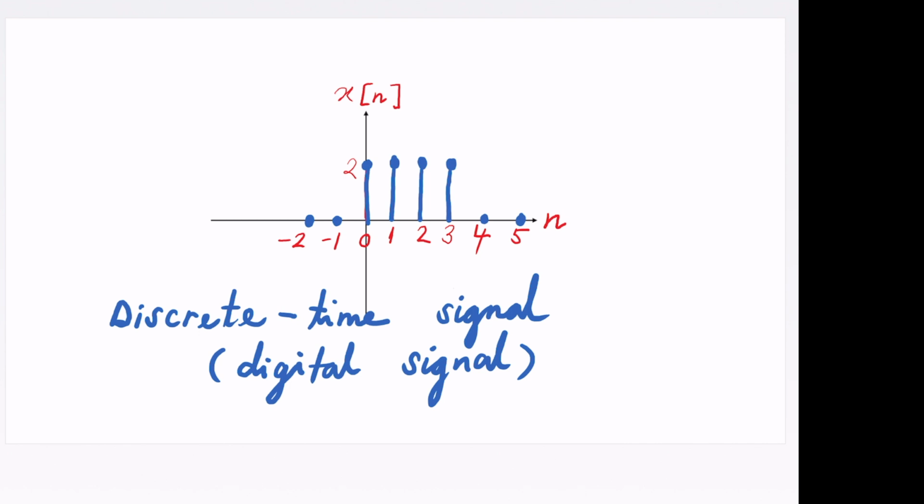So this signal has values at certain points of time. To differentiate between the continuous time signal and the discrete time signal, the x-axis uses n for the discrete time signal instead of t for the continuous time signal.